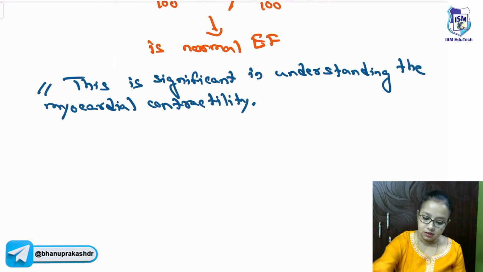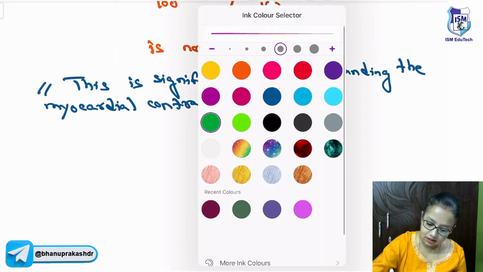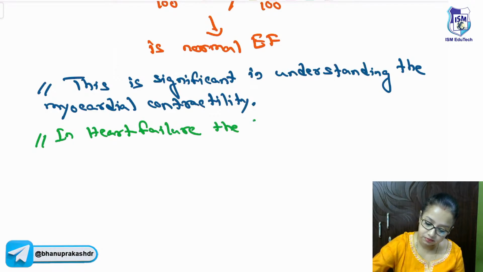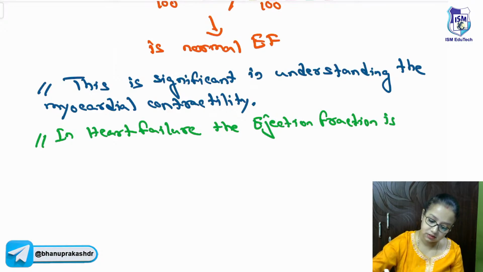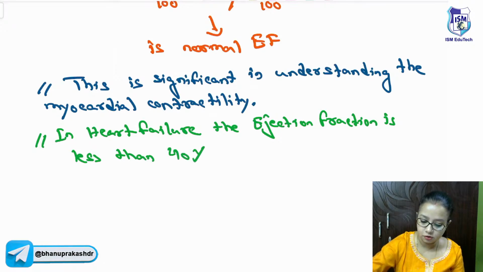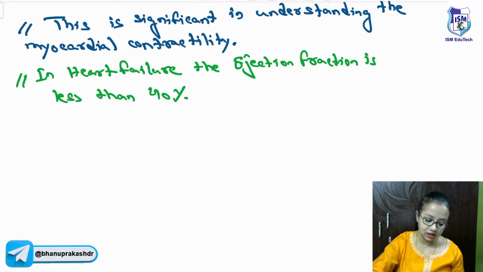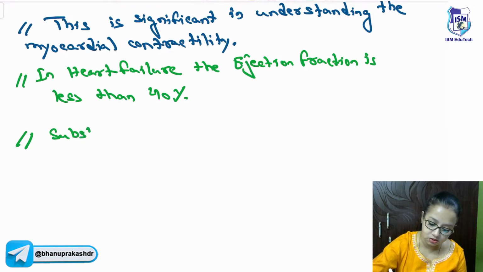Okay, like, how is it important? In heart failure, the ejection fraction is less than 40%.